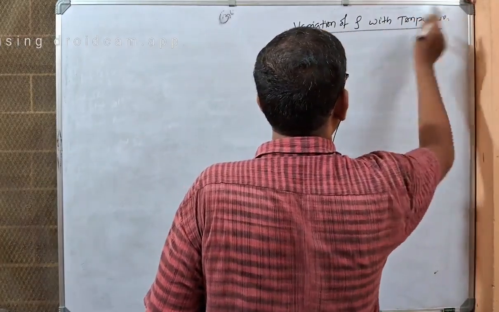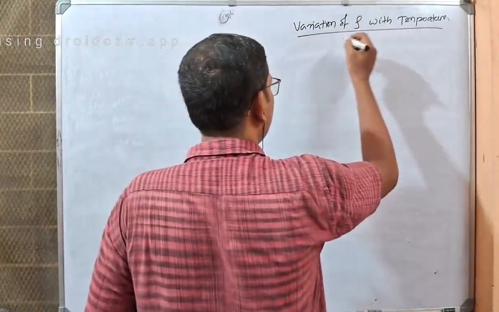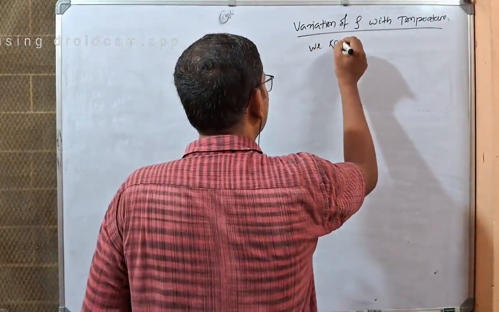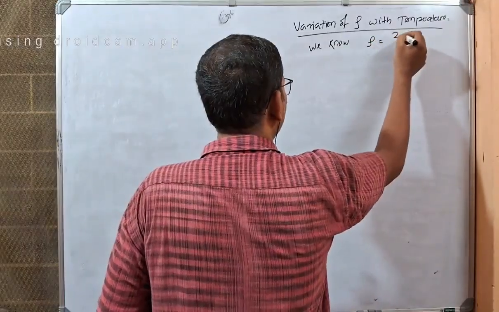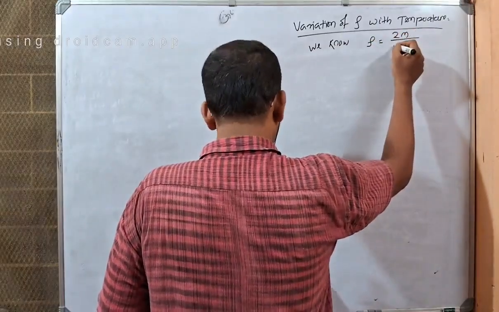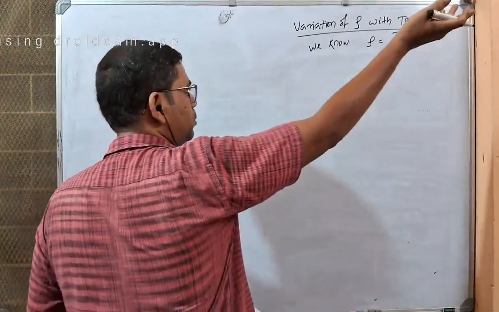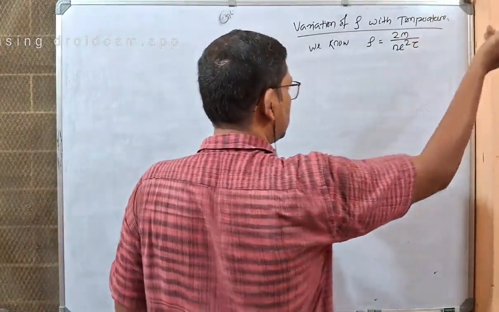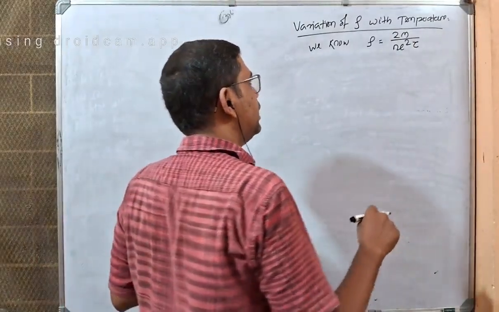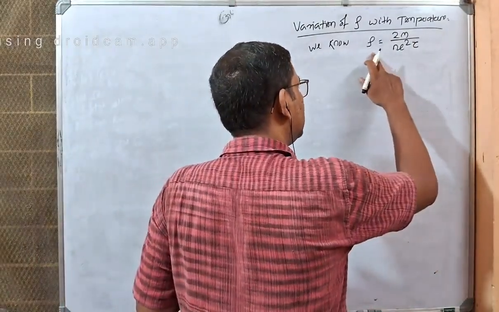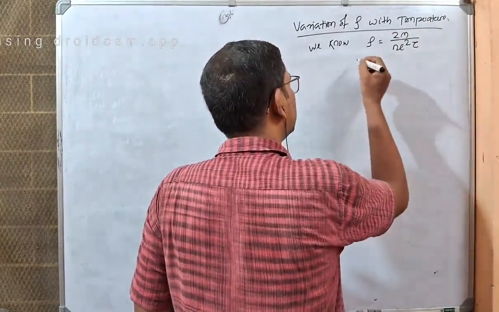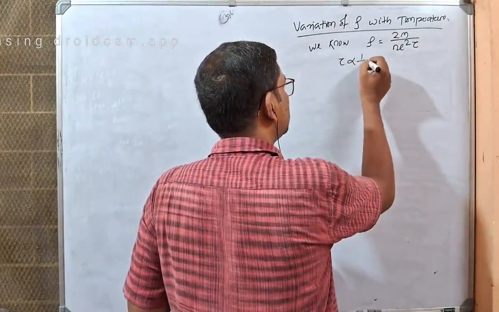We don't have any direct relation with the temperature, but we know resistivity is 2m by n e square tau, and we know tau is inversely proportional to temperature.